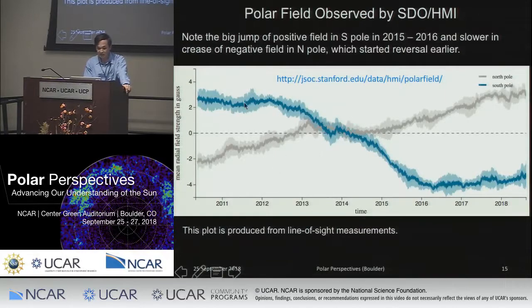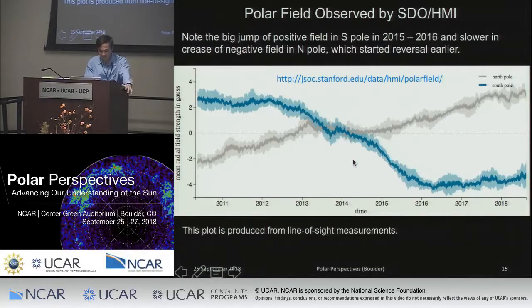And this is consistent with what we see in the HMI observation, but this comes from a line of sight measurement. The North Pole started the reversal earlier, but it's a fairly slow reversal. And South Pole was late starting the reversal, but it became a fairly quick reversal around the 2015-16 period.